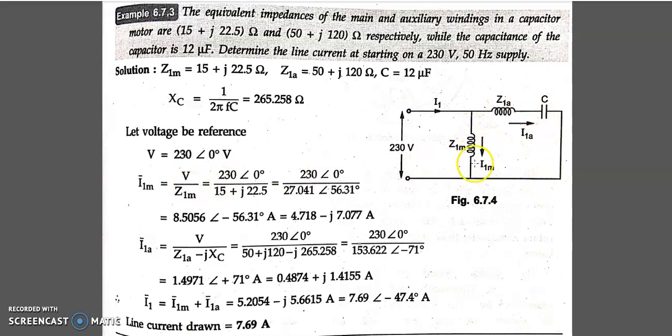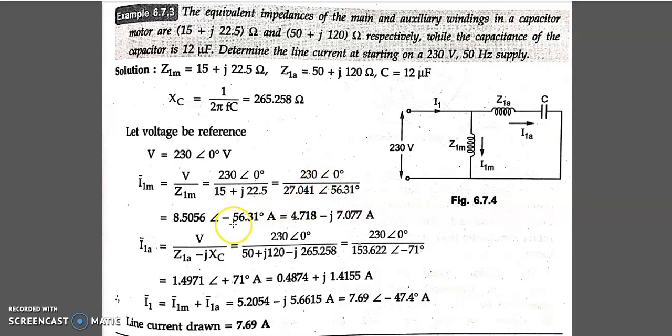I1M is equal to V divided by Z1M. We know the voltage across this is V, 230 volt, and the impedance is Z1M. So I directly substitute V as 230 volt at an angle 0, and Z1M is 15 plus j22.5 ohm. Make sure that while doing the calculation, you either convert everything to polar or everything to rectangular. Here I'm going to convert this rectangular form into polar form.